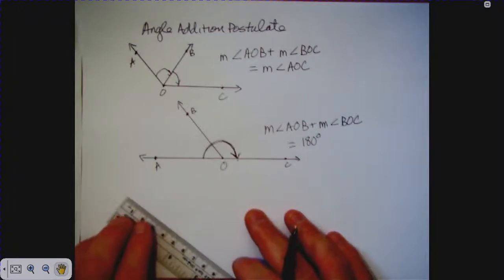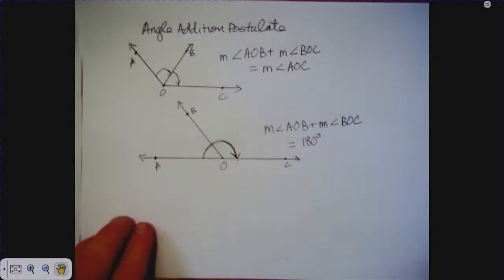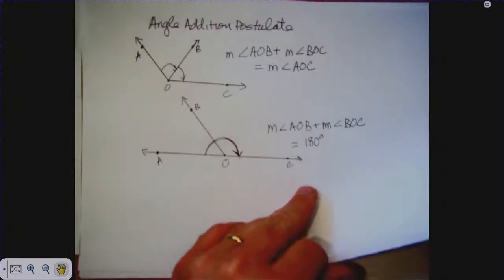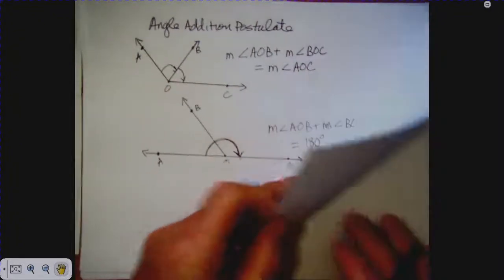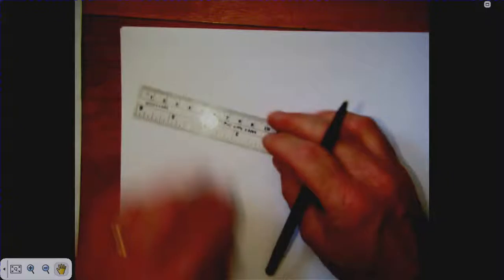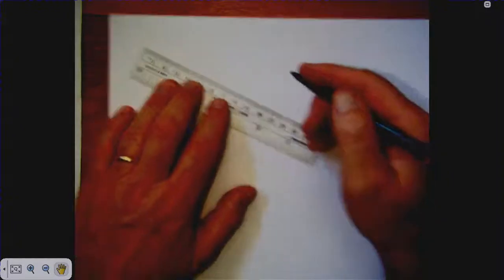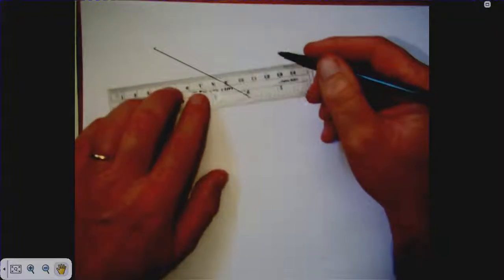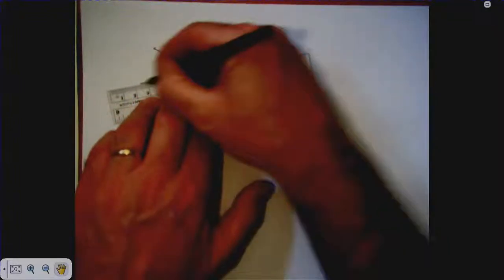Now, the next part of this lesson is we're going to look at identifying some pairs of angles. The first pair we're going to do is look at two intersecting lines here.